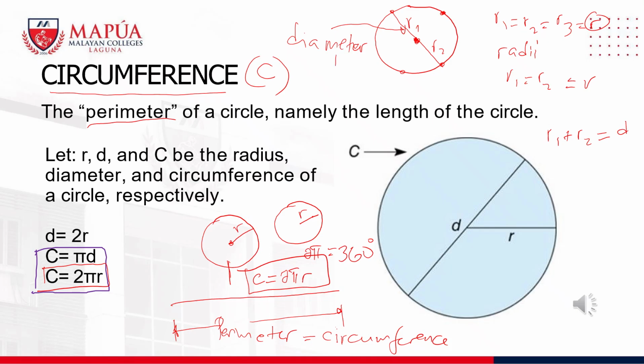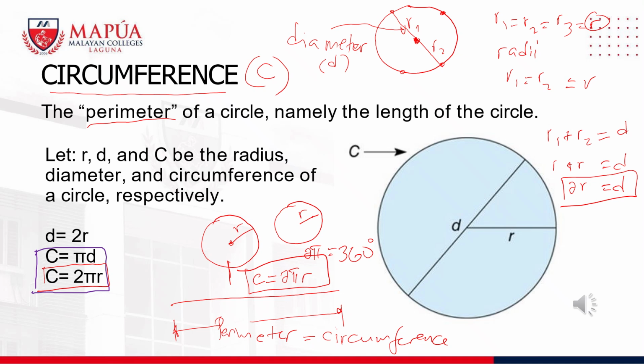Okay, so we call the diameter D. So R1 equal to R2, which is equal to R. So we have R plus R equal to D, or R plus R is equal to 2R. Therefore, the diameter is just twice the radius.